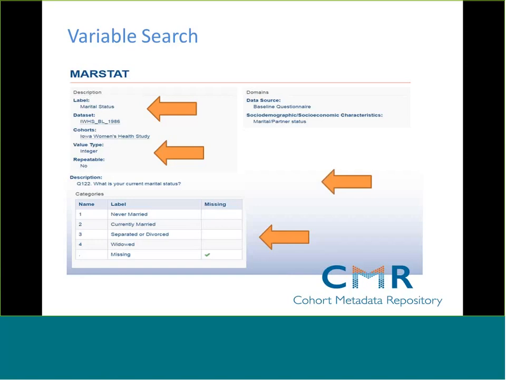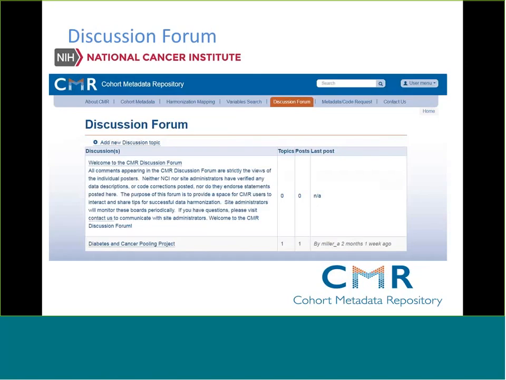Also, we provide the domain, which is the data source, and how the variable was categorized in the CMR. So here we have the data source is from a baseline questionnaire, and we categorize this one as marital status partner. Okay. So let's move on.